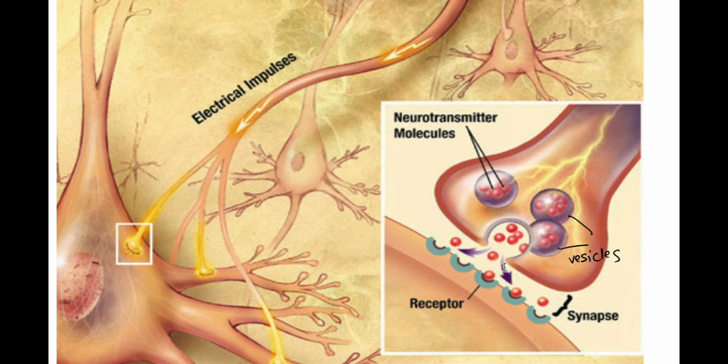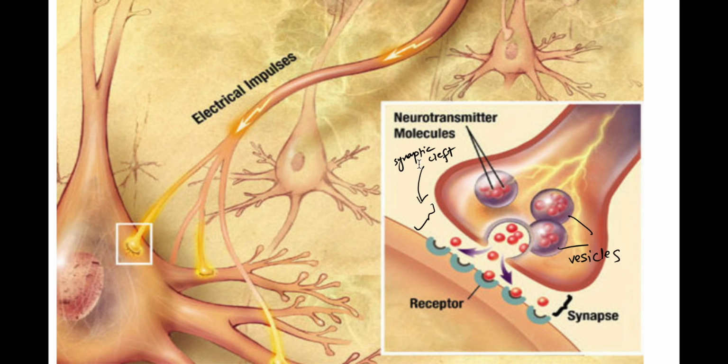We could call this a synapse, but strictly speaking, this entire place would be the synaptic cleft. So these neurotransmitter molecules move into the synaptic cleft.